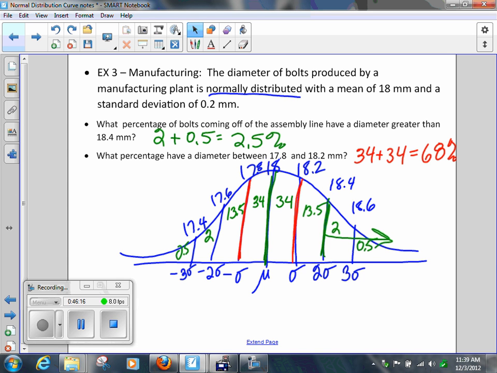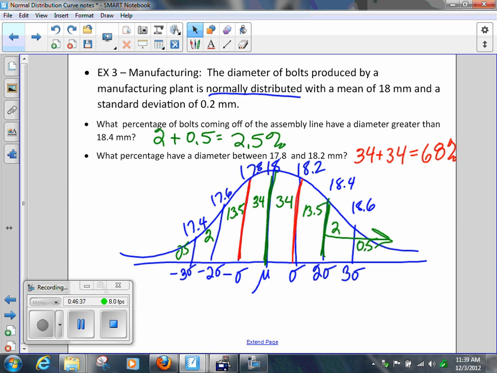All right, now, some of you just went, what happened? 18.5 is what? Is it written on my curve? No, it's not written on my curve. So I cannot make an estimation.